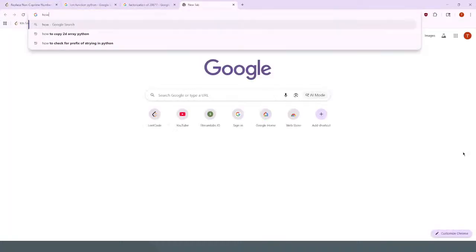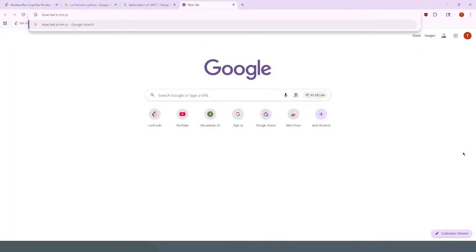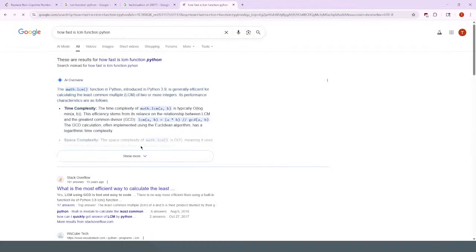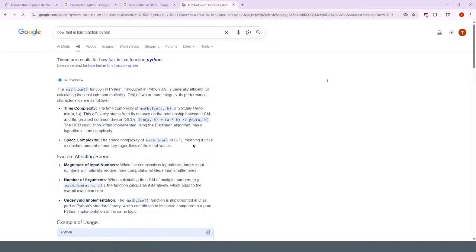Okay, so let's look at how fast the LCM function in Python is. It's generally efficient for calculating the least common multiple of two or more integers. Its performance characteristics are as follows. Time complexity, it is going to be log of min of a, b.